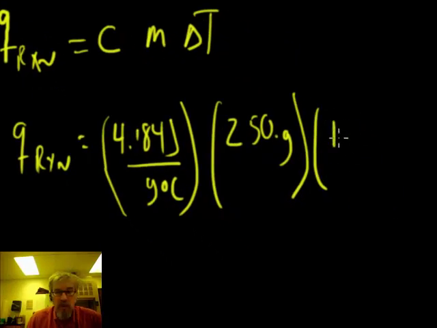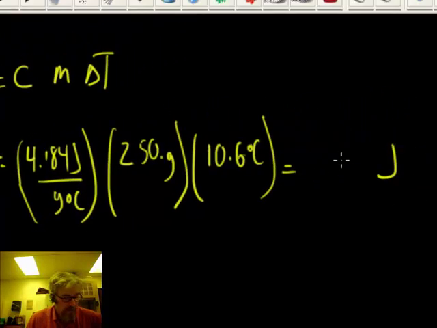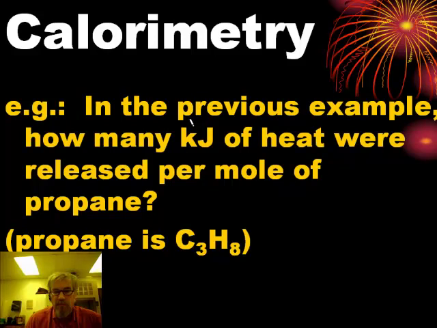Well, it says it rose by 10.6 degrees C, so that's delta T. This will end up being joules, and the answer to three significant figures is 11,100 joules.